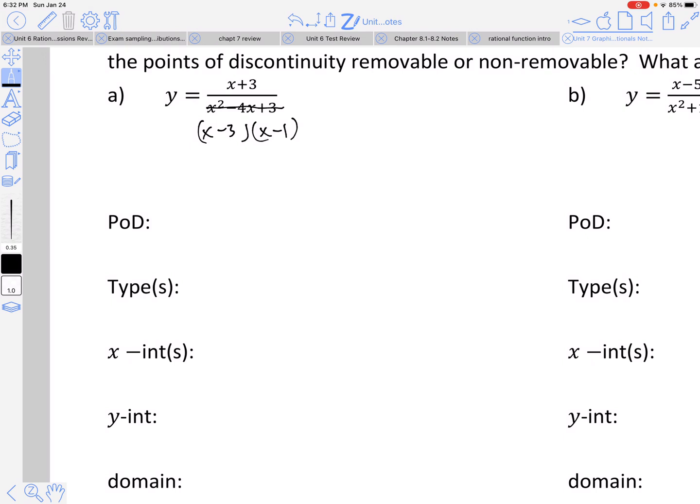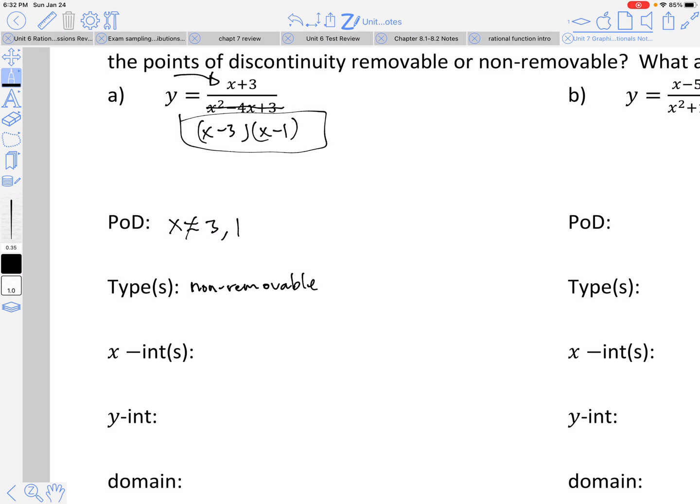And so my excluded values are my points of discontinuity. So x cannot be 3 or 1. Now these are both non-removable because they didn't cancel out with anything in the numerator. Okay, so remember, these control my gaps. The top controls a little bit more of what the graph's doing.